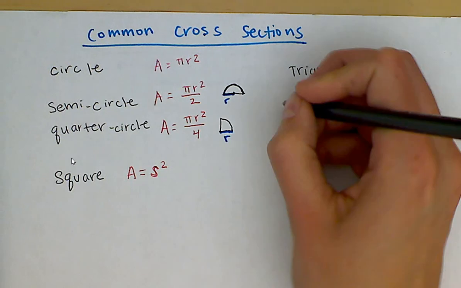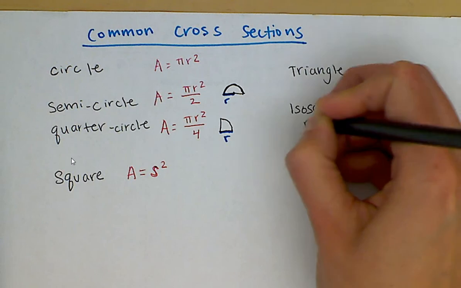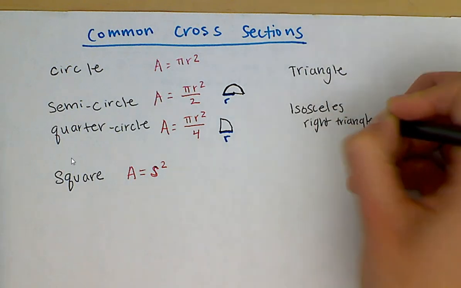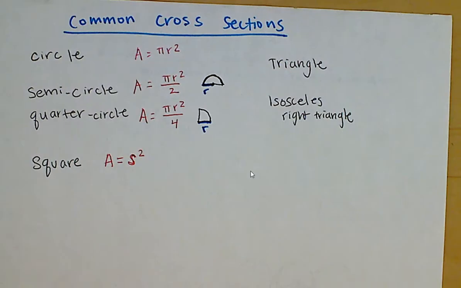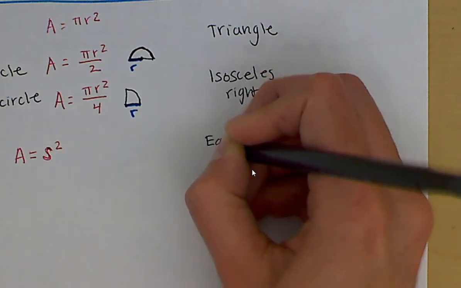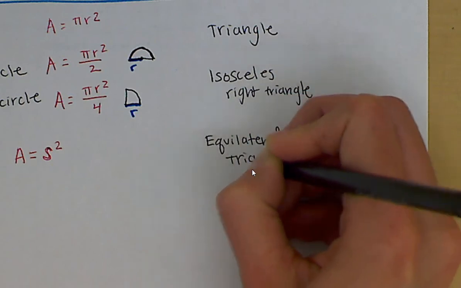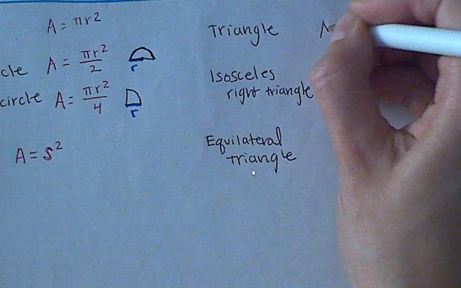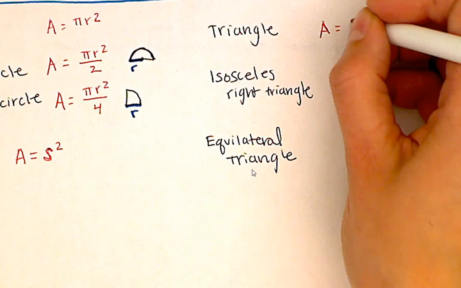There's an isosceles right triangle. And there is the equilateral triangle. Obviously for a regular triangle, the area equals base times the height divided by 2.